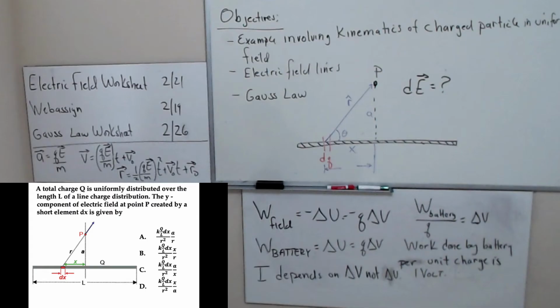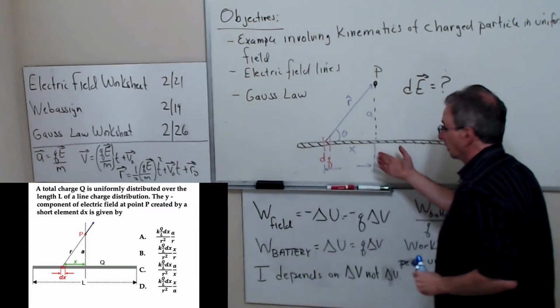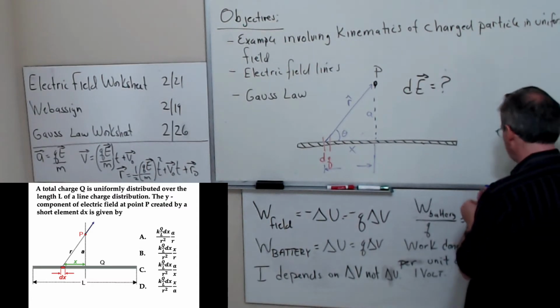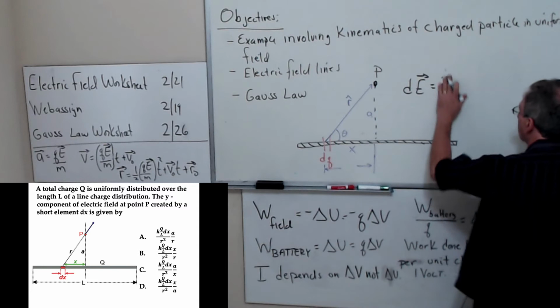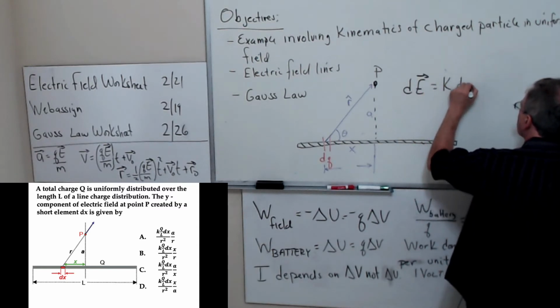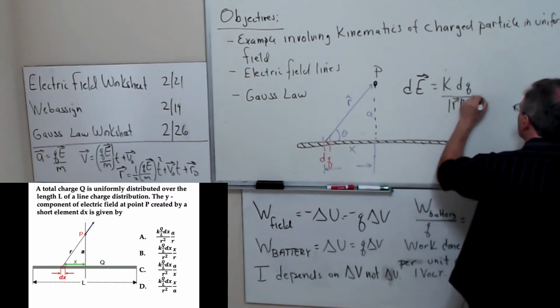Okay. So I drew the system on the board. And we need the equation for dE, which is k dq over r squared r hat.